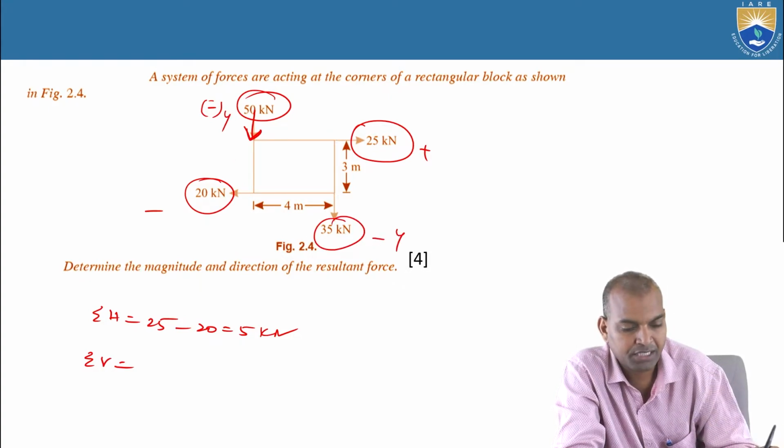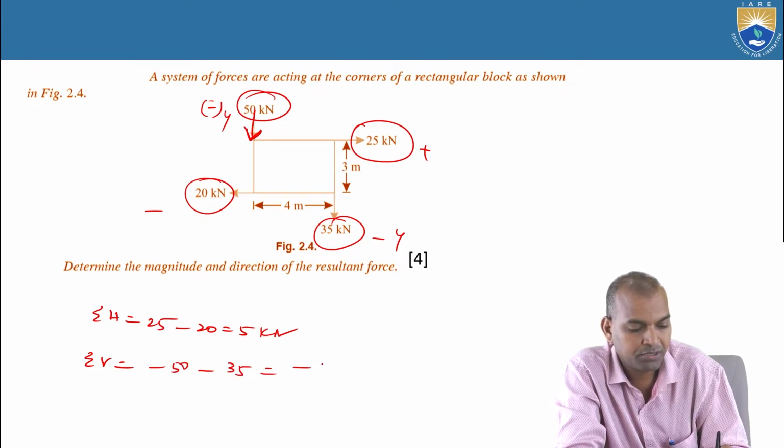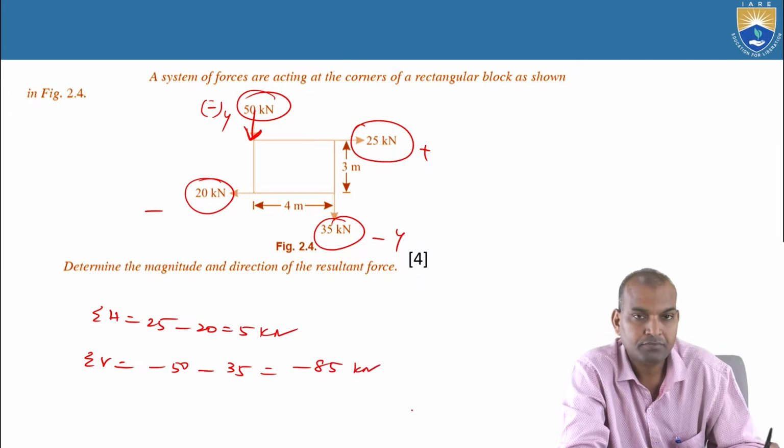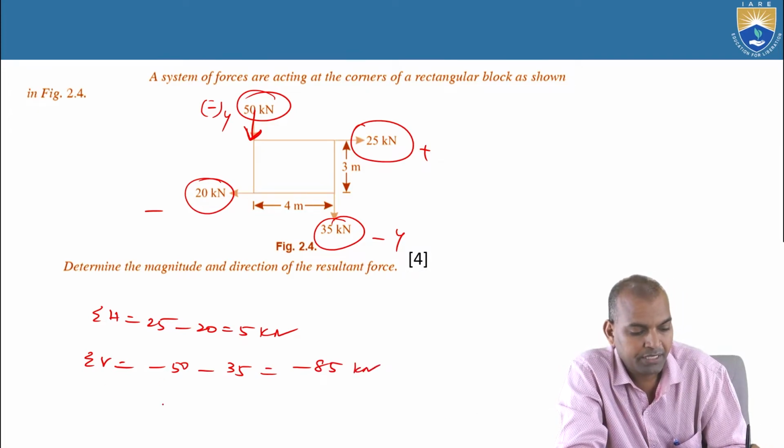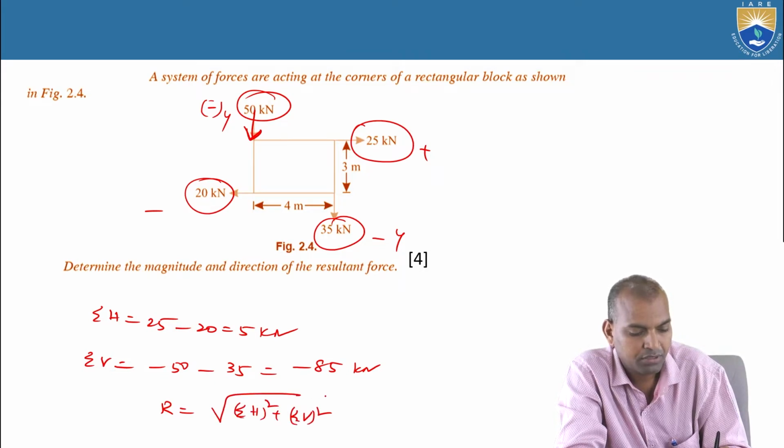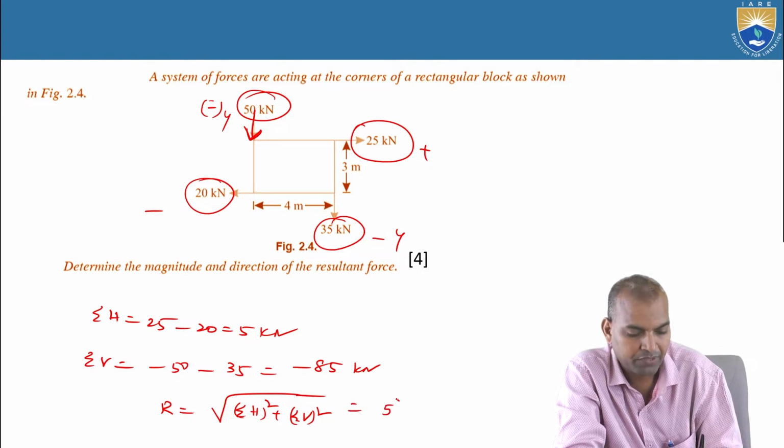The vertical downward direction, negative 50 and negative 35, that is negative 85. The resultant R equals the square root of sigma H squared plus sigma V squared. What is sigma H? 5 squared plus sigma V squared.